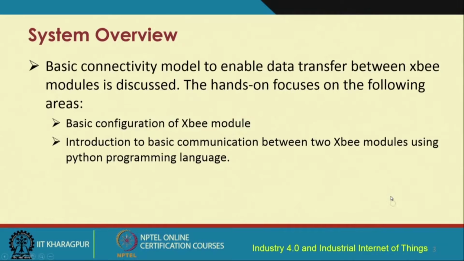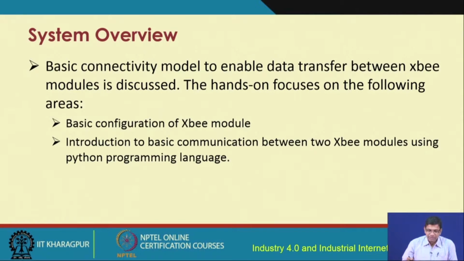For XBee connectivity, the basic connectivity model that will be used for data transfer between the XBee modules is discussed, and particularly we are using the XBee for doing it.